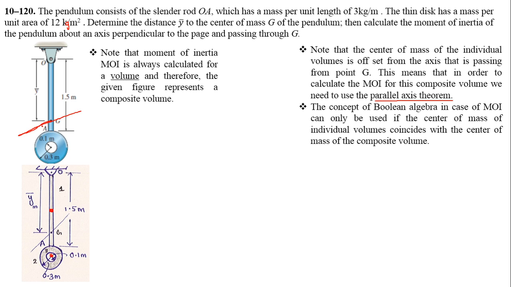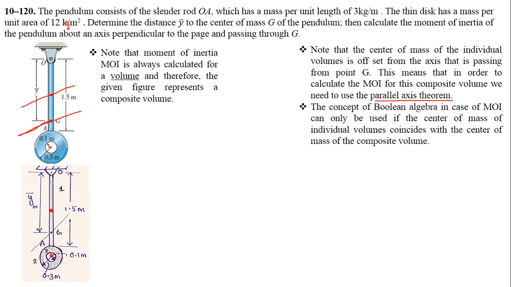We are actually concerned with this red axis, which is perpendicular to the page and passing from point G. So about this axis we want to find the moment of inertia. And as soon as we look at this red axis, we realize that the centroid of the rod is not located on this red line, but it is located somewhere here.